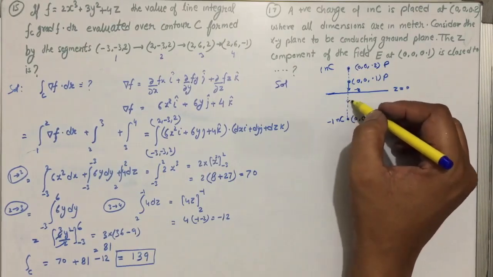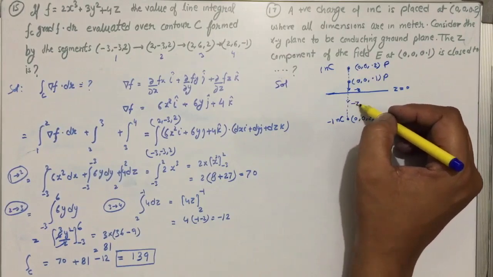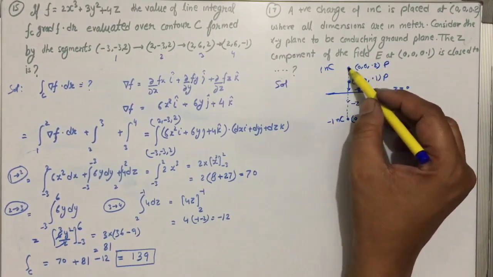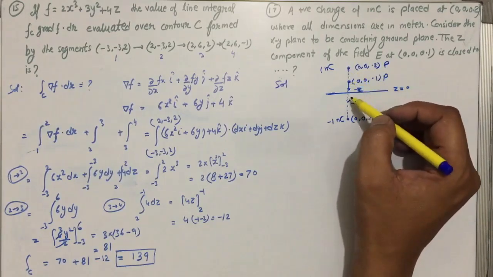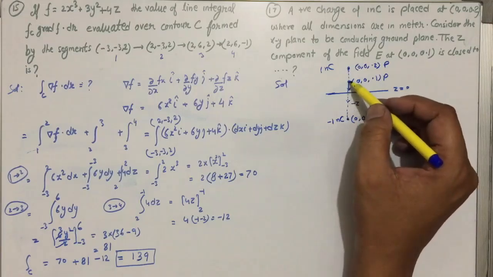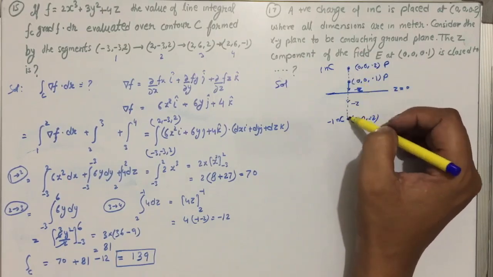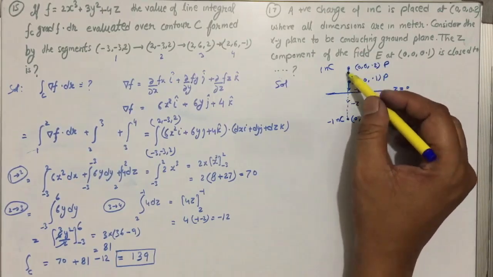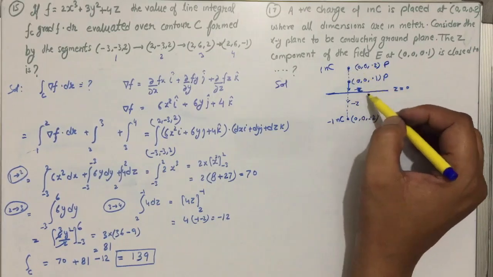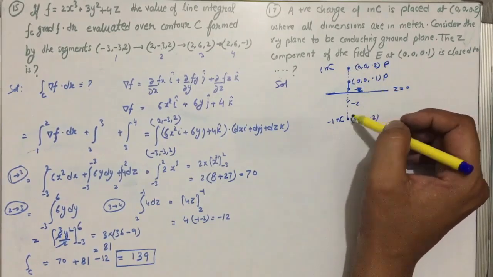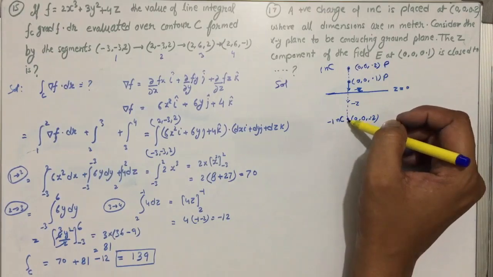So the total field will be the sum of the field from this charge and the field from this charge at this point. Actually they are giving only one charge, but since this is the conducting surface plane, another charge is assumed here.